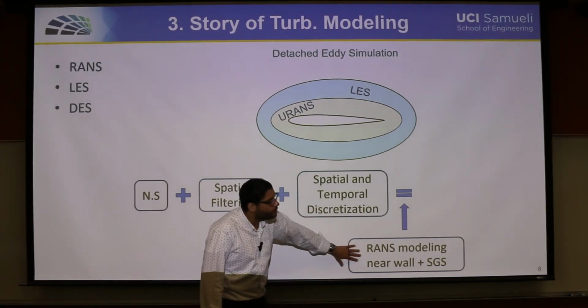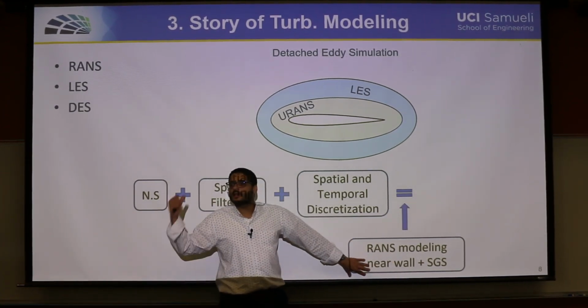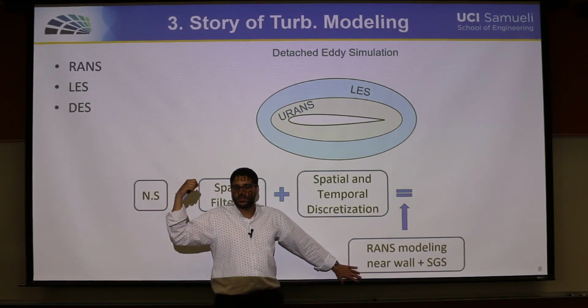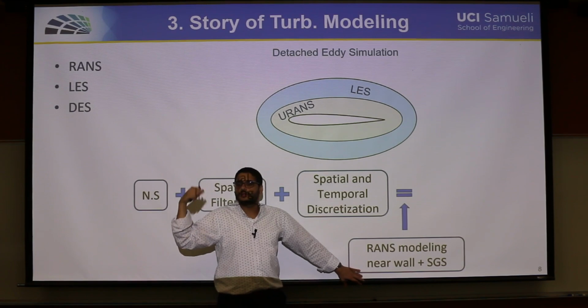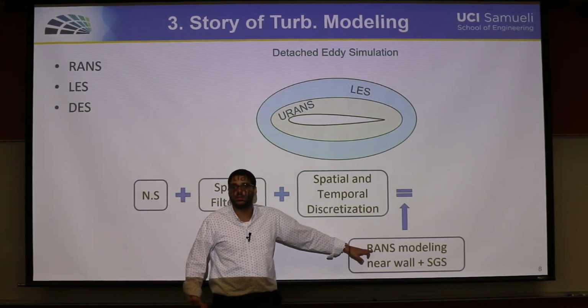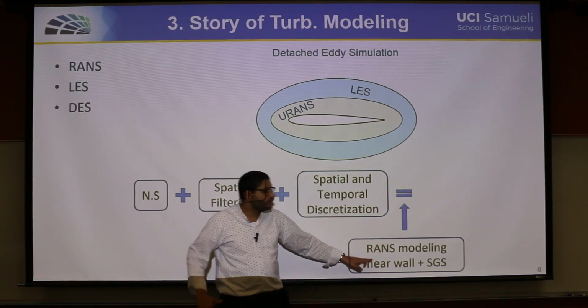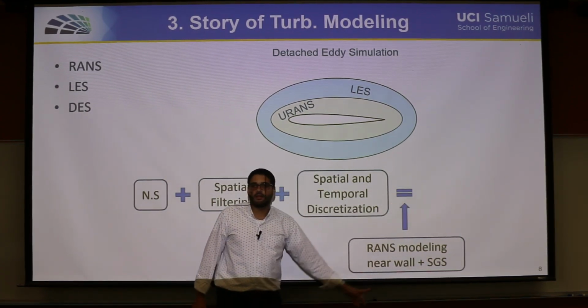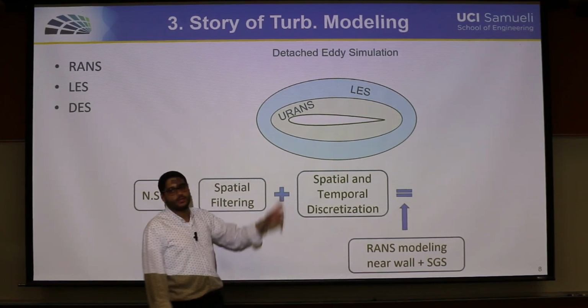So when you are solving a DES simulation, you are not actually using the Smagorinsky-Lilly subgrid scale modeling. No, you are using one of the RANS models to act as the SGS model for your LES. This is the clever trick that allowed the detached eddy simulation.